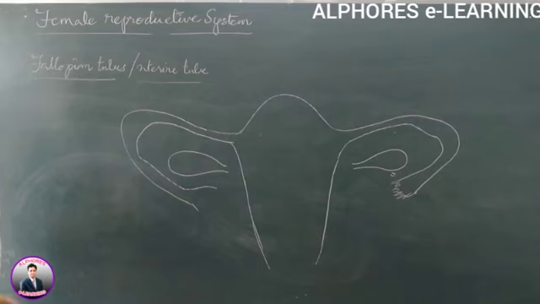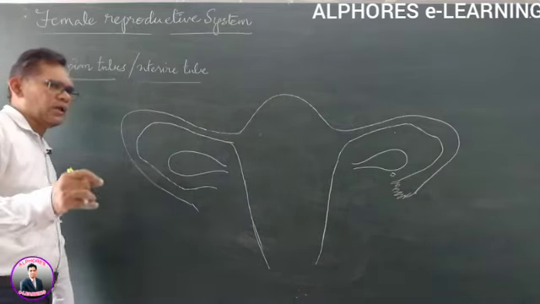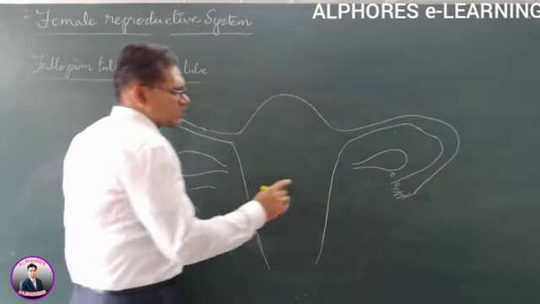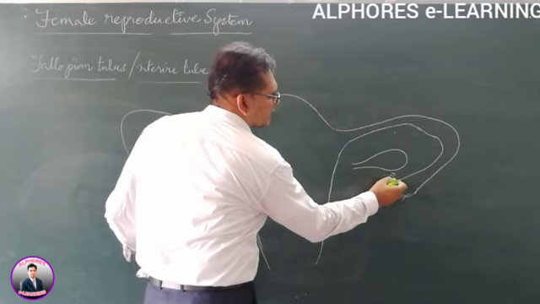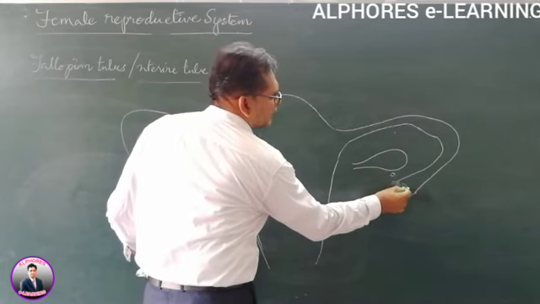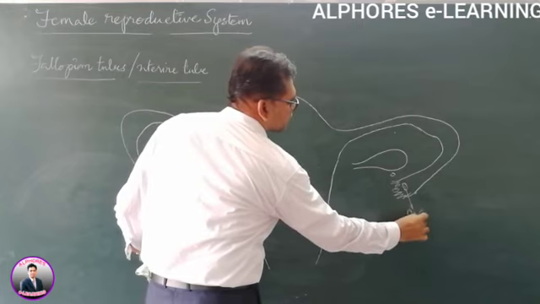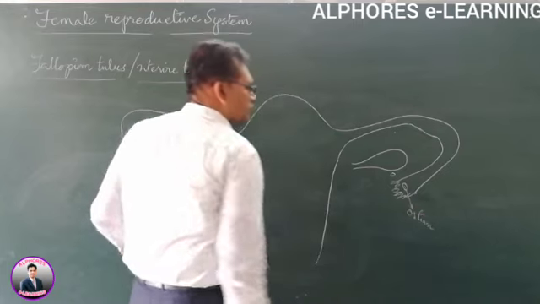Now what is this fallopian tube or uterine tube? Now how can we define fallopian tubes? Fallopian tubes are small tubules which start here at the anterior side with an opening. This opening is called as ostium.